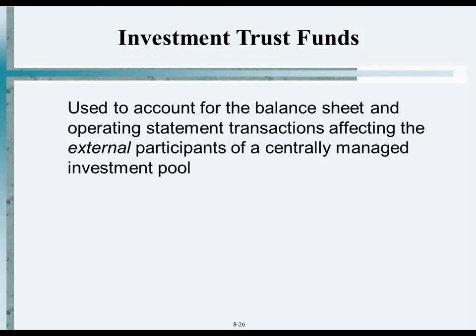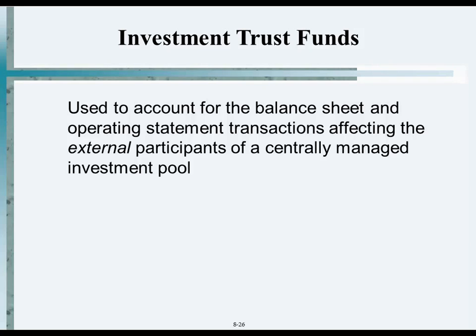Now, when they set up this money market fund, they said any government in New Jersey can put their money there and no questions asked. If you put money in the New Jersey Cash Management Fund, we have no problems at all. Anybody in New Jersey, because we are running that fund.